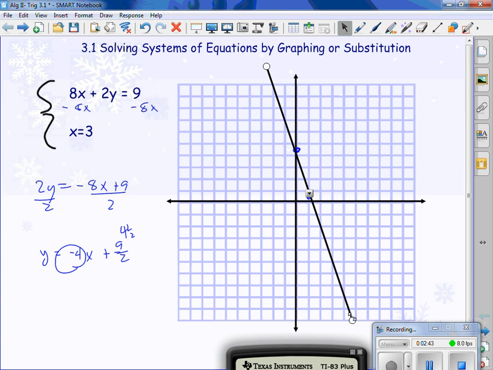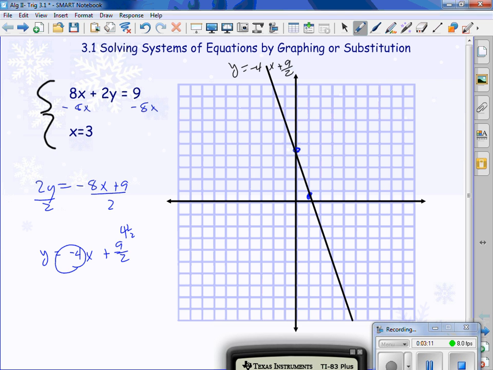Notice how I am drawing the line through those points. Don't just play connect the dots. And I'm going to label y equals negative 4x plus 9 halves. This way I know that line means that equation. That's my first one.